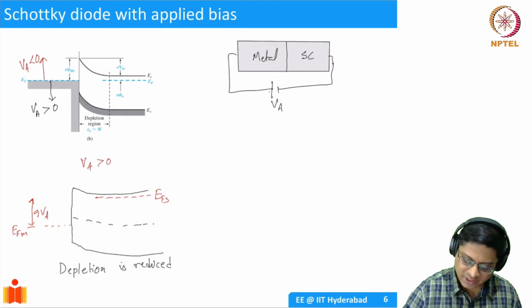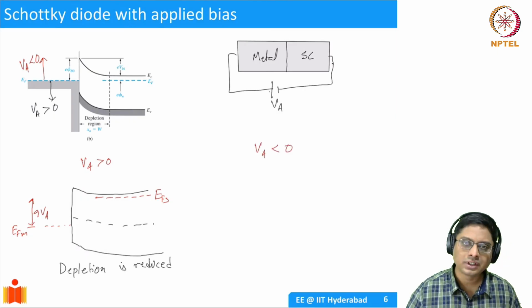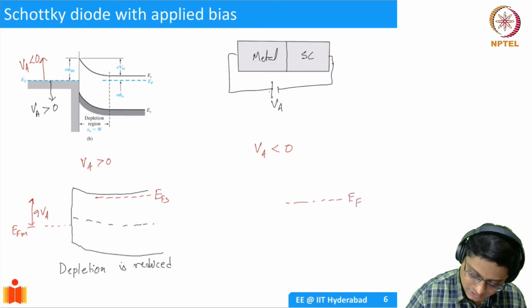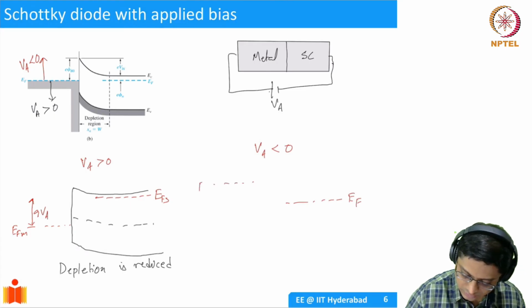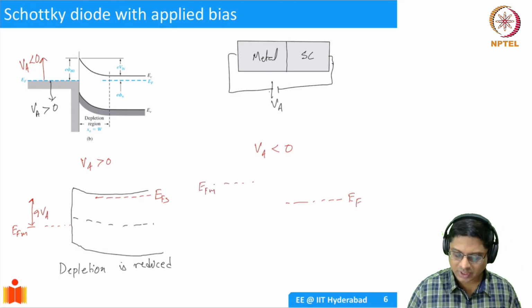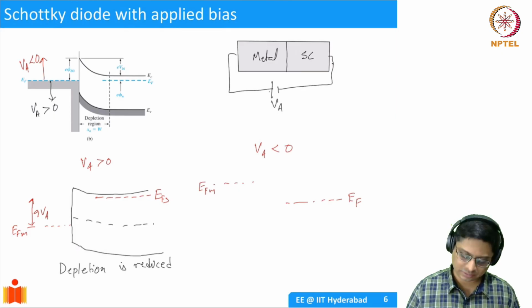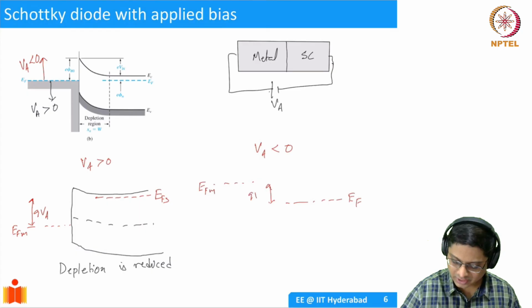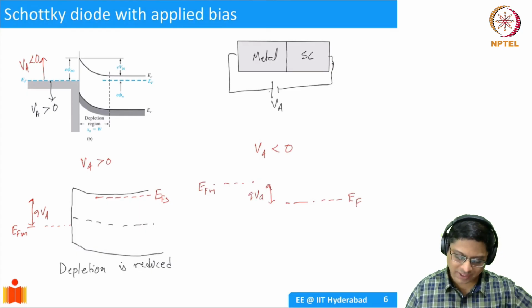If your VA is less than 0, the reverse happens. Same story: we draw the EF of the semiconductor, and then take the EF of the metal to be higher. In a way, I'm applying a negative voltage, QVA, so you're pulling it up.